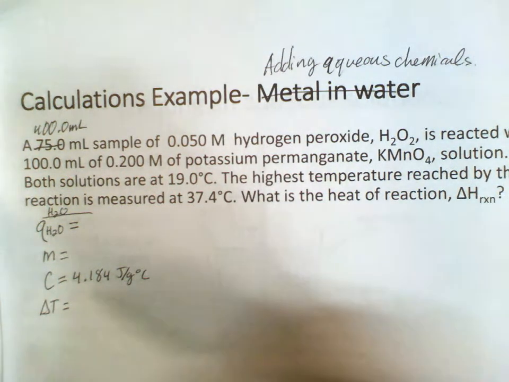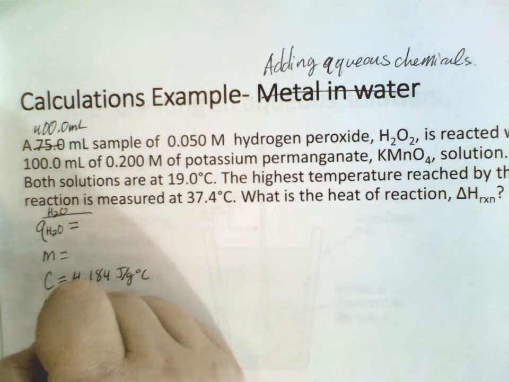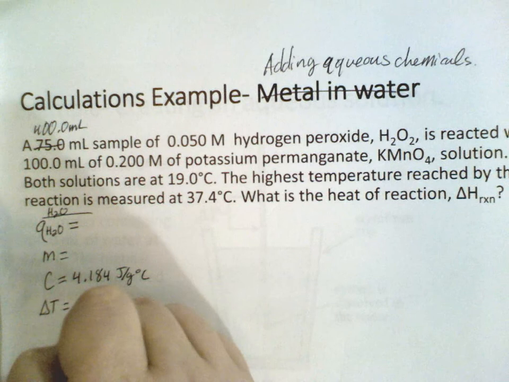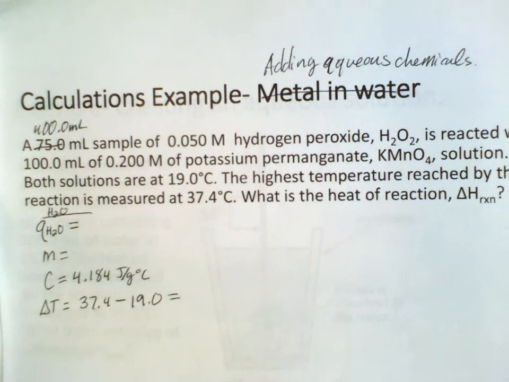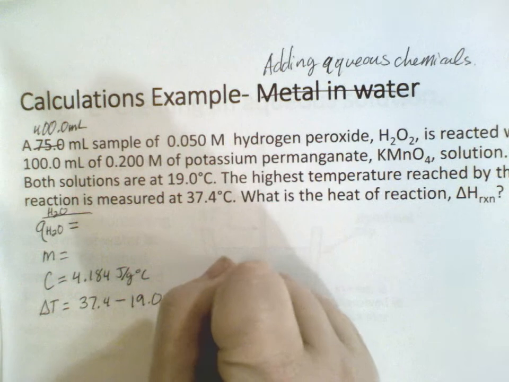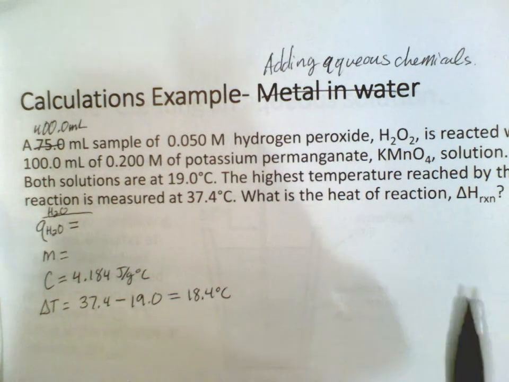We have our change in temperature of the solution. We go from 19 to 37.4. So final minus initial. And we get a total of 18.4 degrees Celsius. Again, you can always pause and check the answers before I give them.